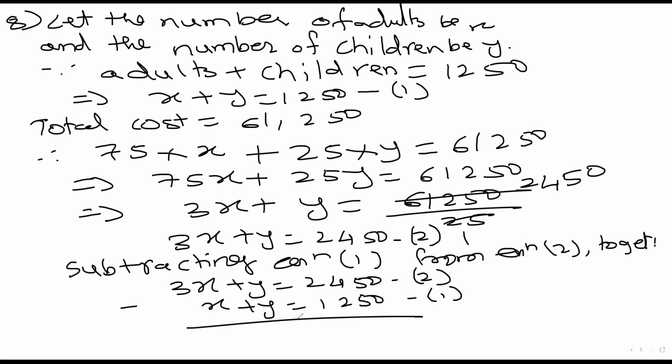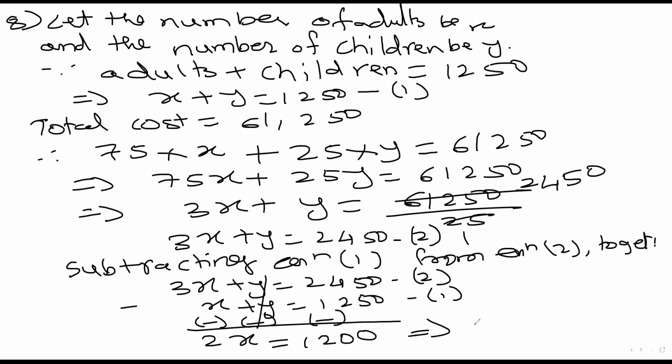Sir, 2x is equal to 1200. Yes, when you subtract, all the signs will change, so y will get cancelled. 2x is equal to 1200. Very good. So that means x is equal to 1200 upon 2. Therefore, x is equal to 600.